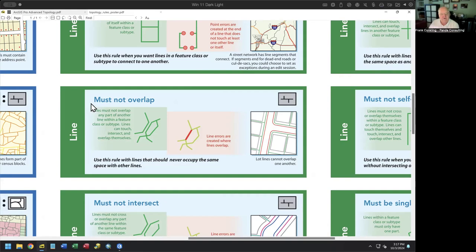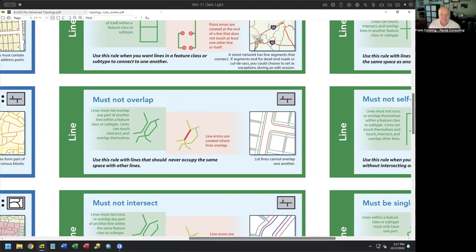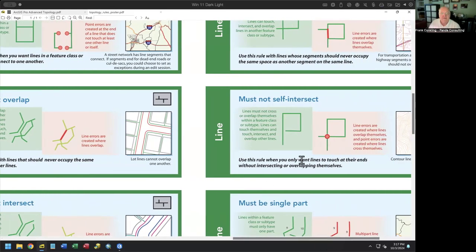The next rule for lines are must not overlap. Again, within a single feature class, and it looks to see whether or not lines are on top of one another. All right, on top of one another. Now, again, it just means, do you have duplication of line structures in there? Is it one on top of the other? There is a rule that says must not self-overlap.